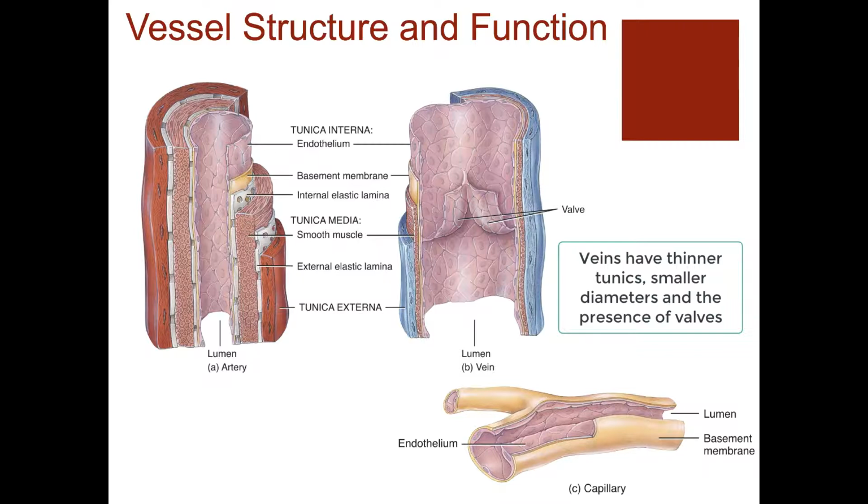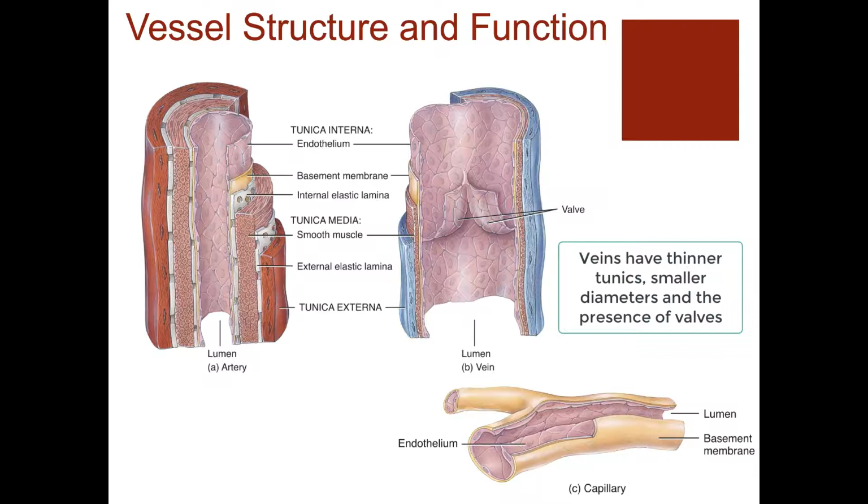One structural detail that is unique to veins is the presence of valves. Recall that the function of a valve in the heart is to prevent the backflow of blood from an area in which the blood has already come. So then to return to this question, how do we return blood to the heart in the absence of blood pressure?